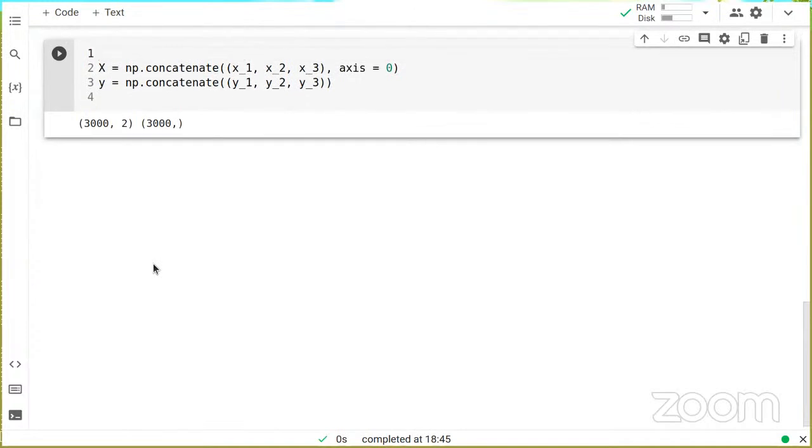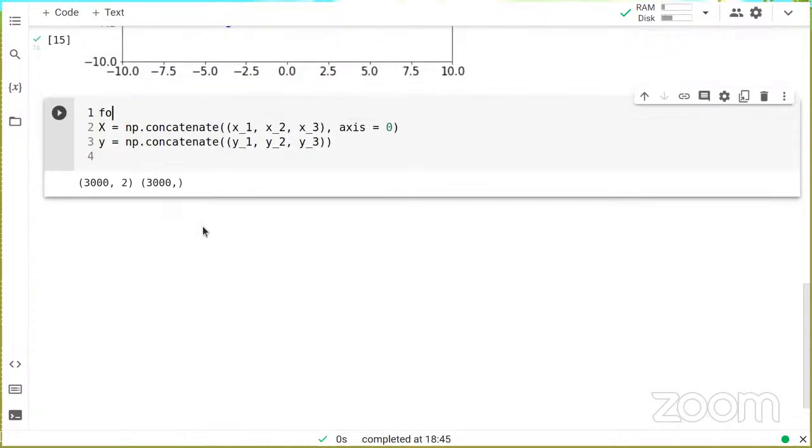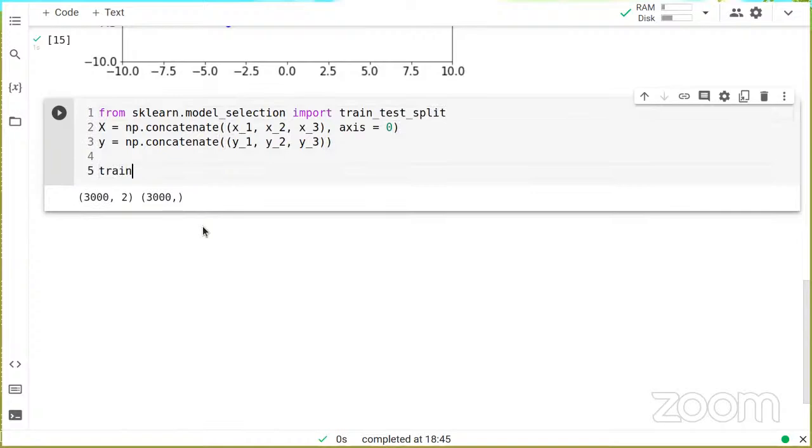So what should we do now? Train and test split. Yeah, we have to split it into train and test, right? So from sklearn.model_selection, we do a train_test_split.